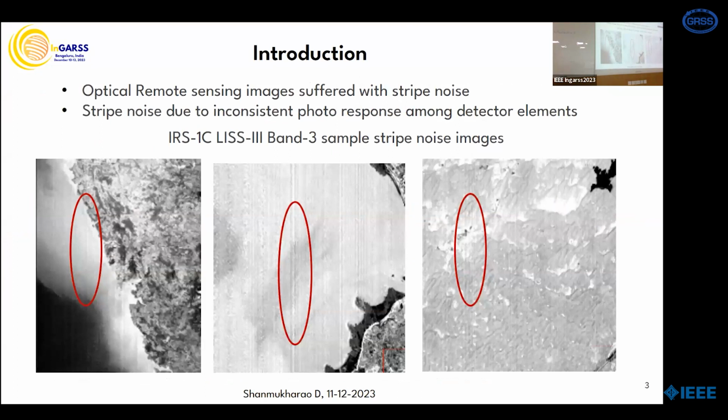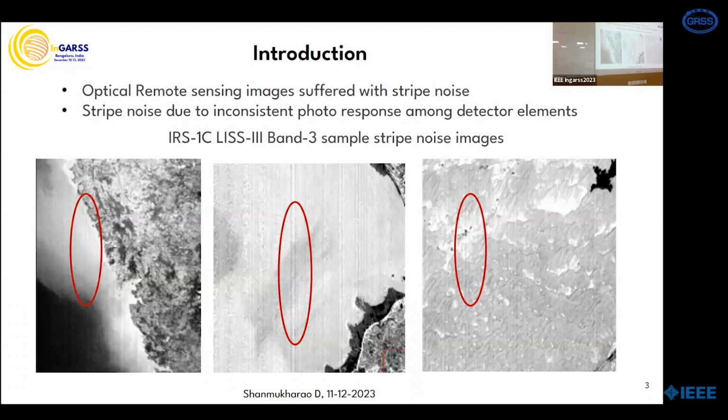If we are seeing stripes in optical remote sensing images taken by push broom sensors with the CCD array, we are getting the stripes because of inconsistent response between the CCDs. Here are the images of IRS1C data, LISS-3 sensor of band 3.